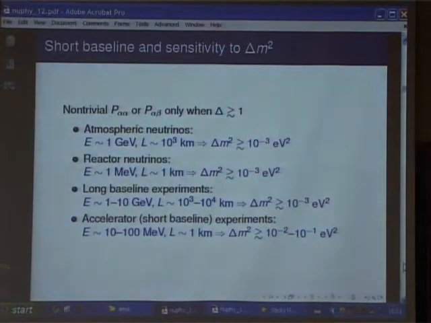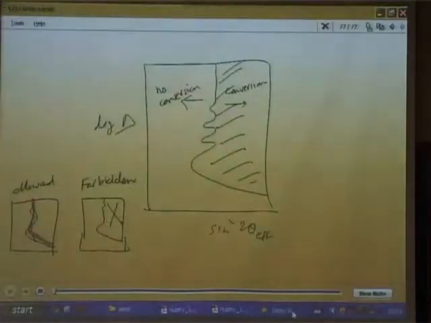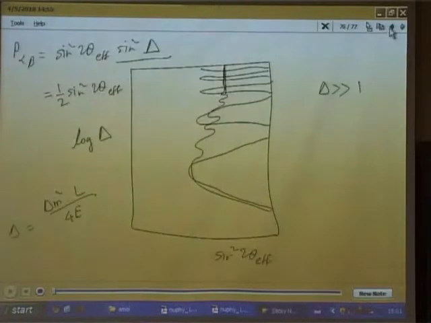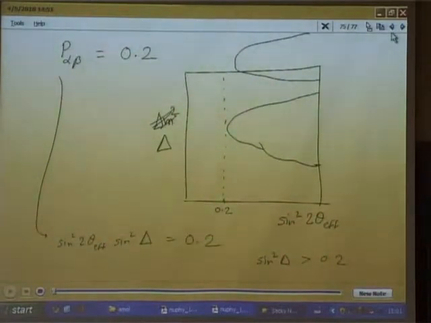One more important concept of this was the following. What we saw here was that there is some value of delta below which the experiment tells you nothing. We saw it here, right? So if sin square delta is less than 0.2 here, it tells you nothing at all. Therefore, you will only be sensitive to values of delta above a certain value.